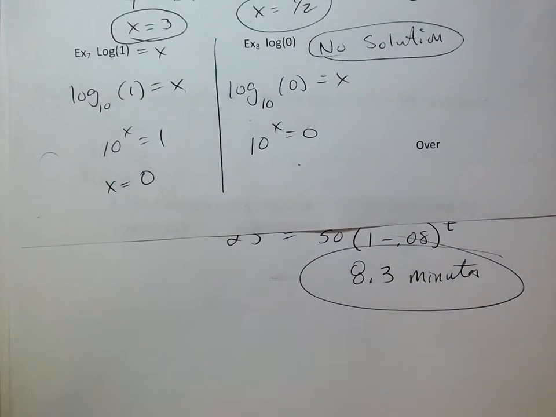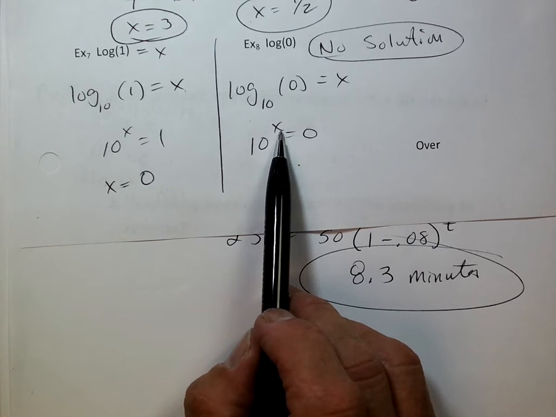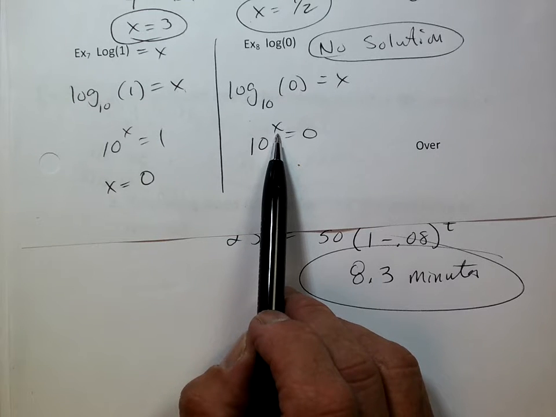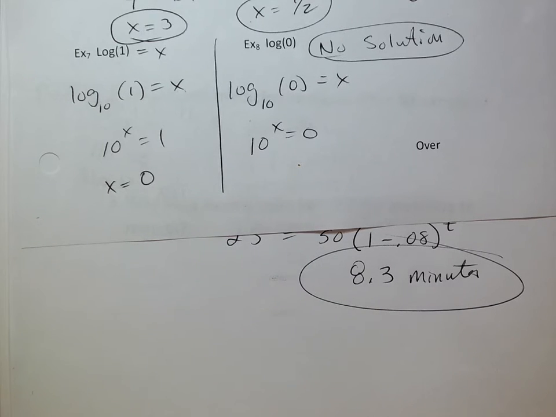Okay, so tell me, come on, let's think this through. You can't make this, because even if I use a negative number, it wouldn't work. If I use 0, we know that's going to be 1. If I use a negative number, it just makes it a fraction. Yeah, exactly. In fact, real quickly, let me do a little side work so you believe me. 10 to the negative 1 is the same thing as 1/10.